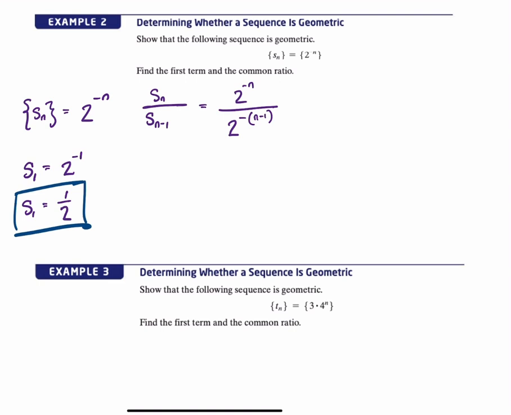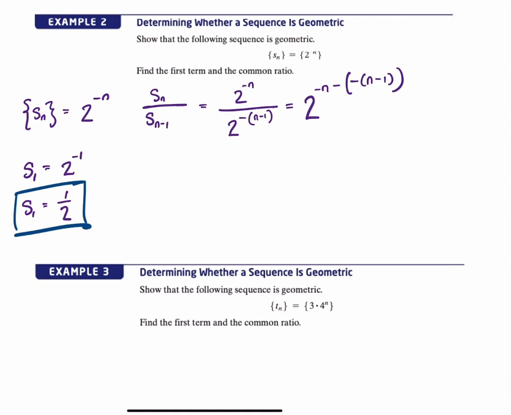So we have a division of two exponential expressions where the base is the same, so we can re-express this as 2 to the power of minus n minus n minus 1. Kind of tricky with all these negatives, but really we're just doing like x cubed over x squared. You would subtract the exponents. So we're just subtracting these two exponents.